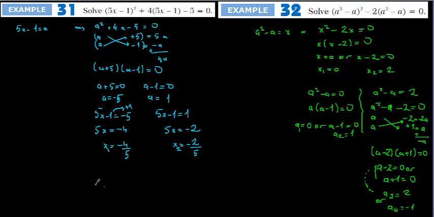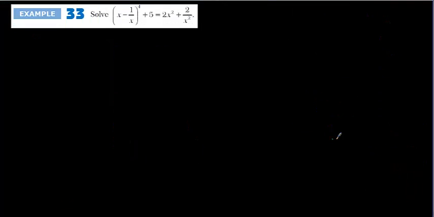Okay, this is the last question here, and then we are going to solve some exercises. Here it is a bit different because this is not x minus 1 over x squared. So firstly I want to get what x minus 1 over x squared is. I need to find that one.